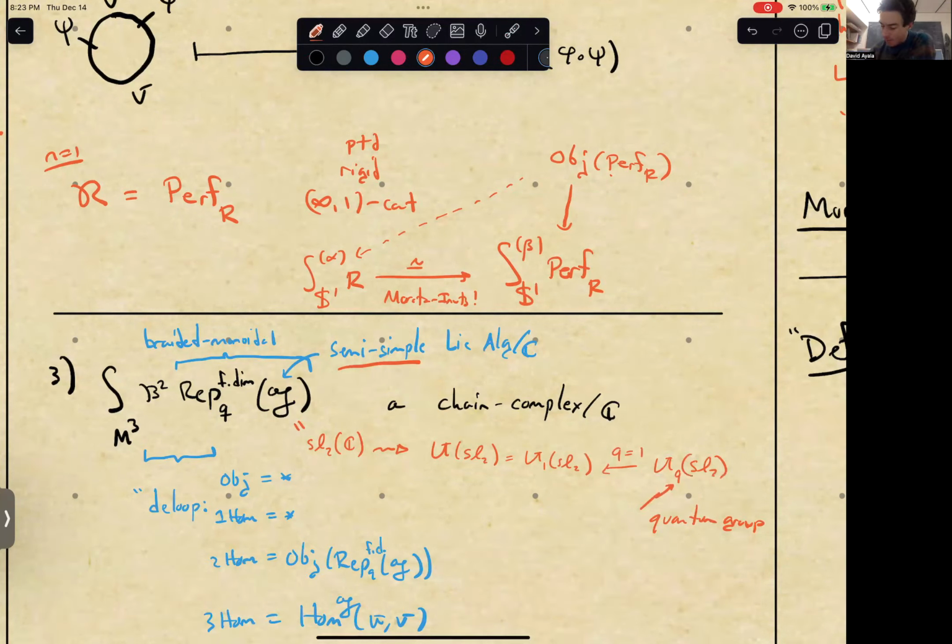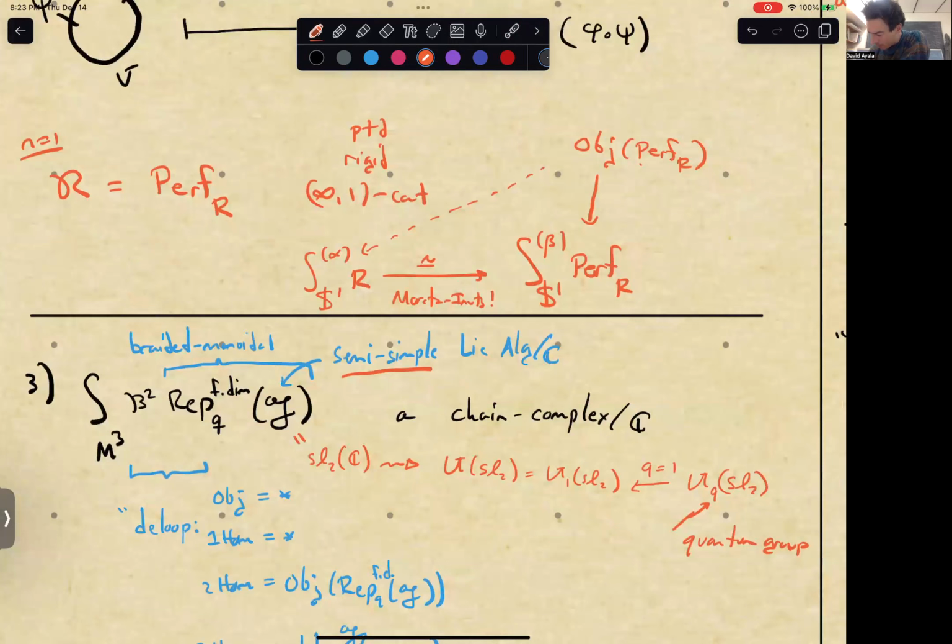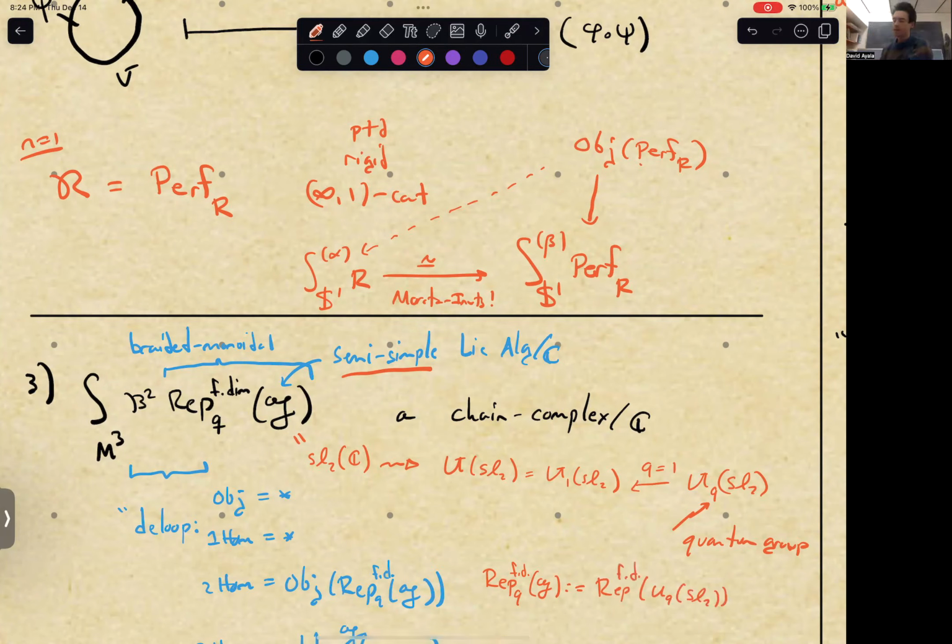And what is meant here by rep Q of G is representations of that quasi-triangular Hopf algebra that are finite dimensional.